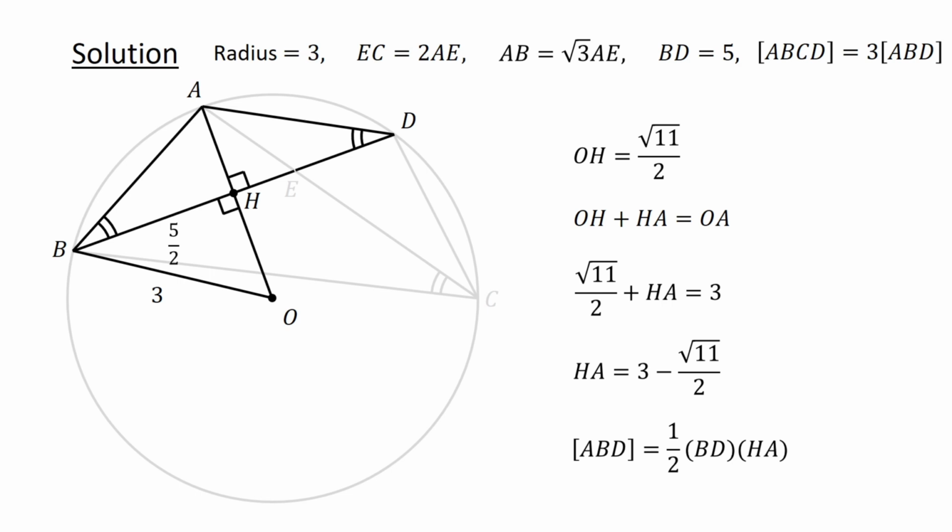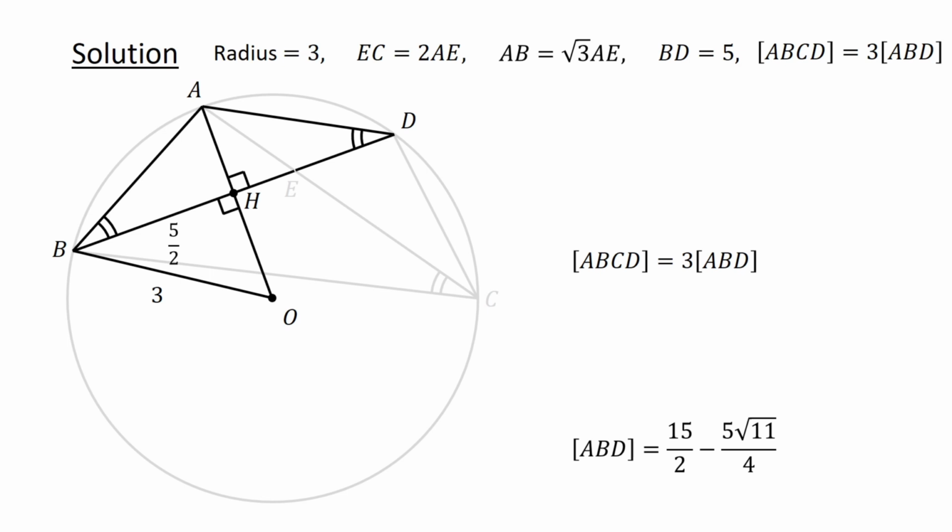The area of ABD, which is half times BD times HA, thus equals half times 5 times (3 minus square root 11 over 2), or 15 over 2 minus 5 times square root 11 over 4. The area of ABCD, which is 3 times the area of ABD, thus equals 3 times (15 over 2 minus 5 times square root 11 over 4).